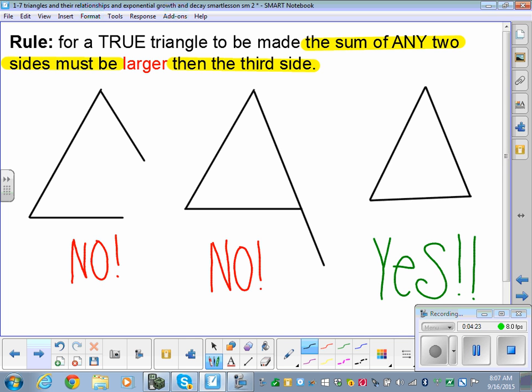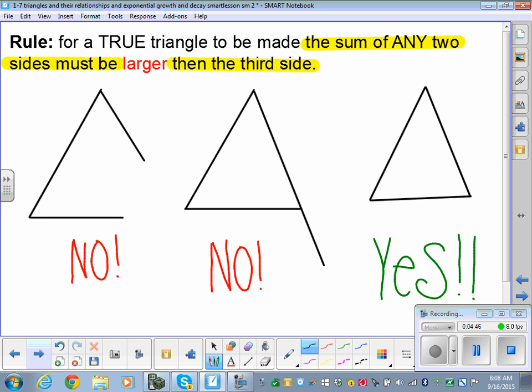For a true triangle to be formed, the sum of any two sides must be larger than the third side. If you add up any two sides, it's got to be greater than the other side. I'll say that again as you get that down: for a true triangle to be made, the sum of any two sides must be larger than the third side.